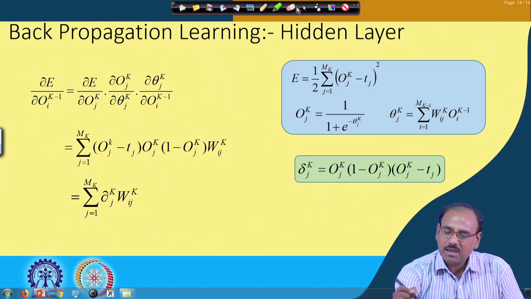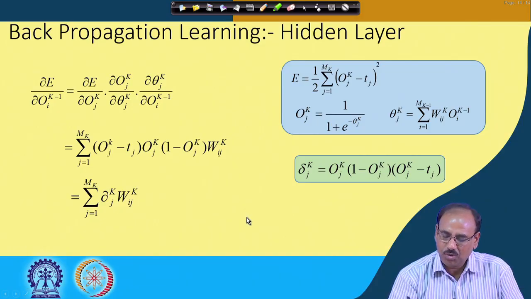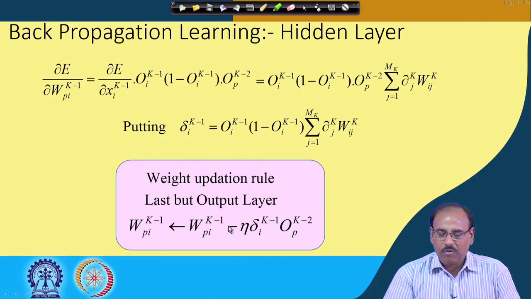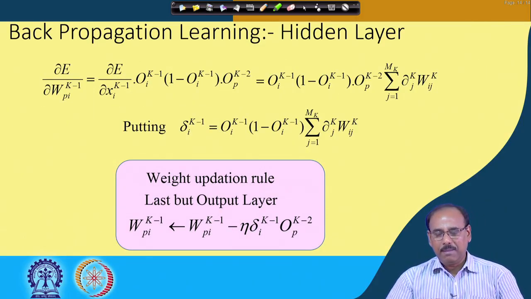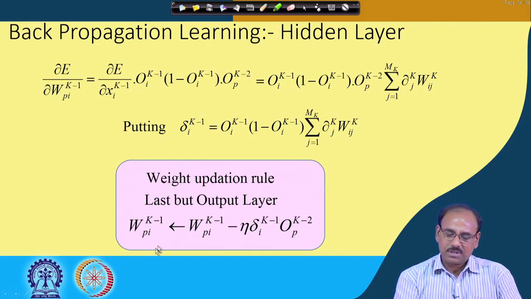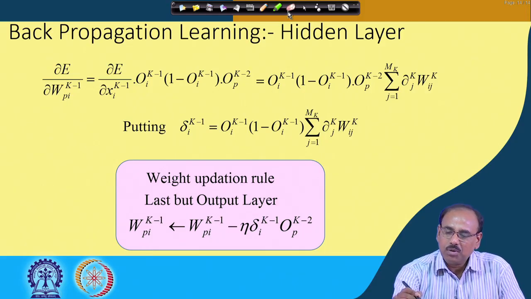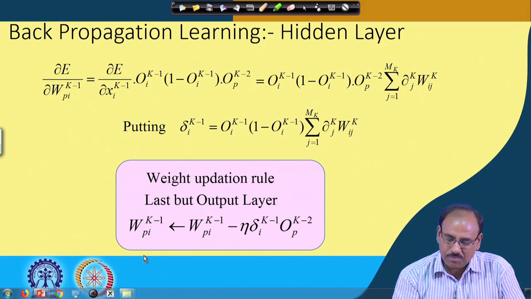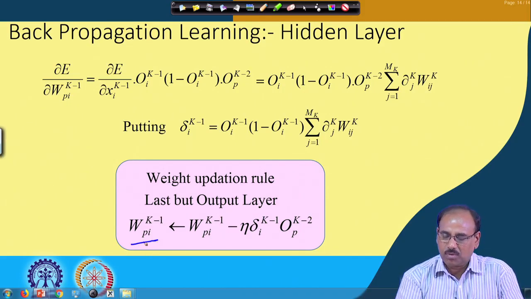So, given this, now our weight updation rule of the weights between the (k-2)th layer to the (k-1)th layer simply becomes W_pi^(k-1) updated as W_pi^(k-1) minus eta times delta_i^(k-1) into O_p^(k-2).